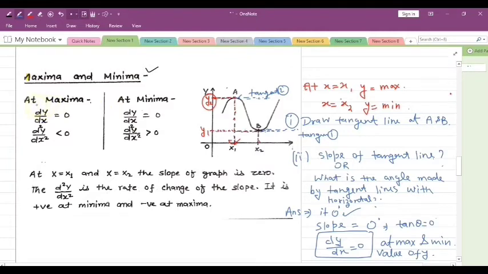That's why we say that at maxima our dy over dx is 0, meaning our slope is 0. Maxima means at y2, and at minima, meaning the minimum value of y, our slope is again 0.